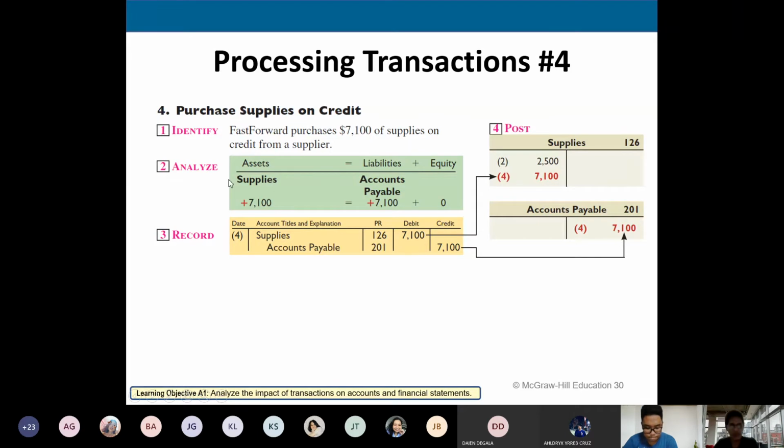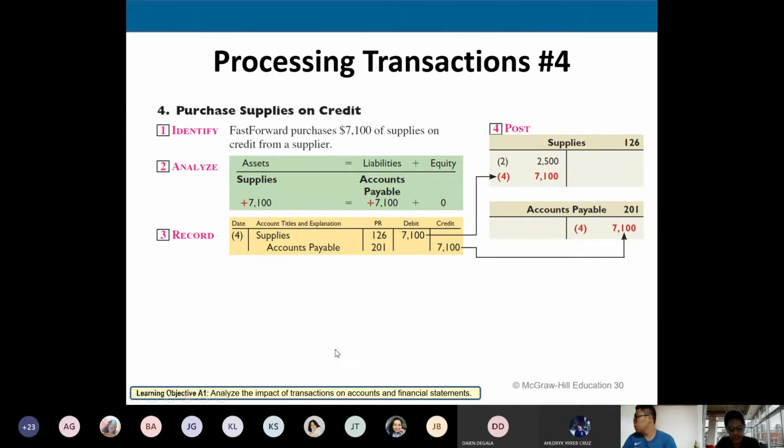So, let's scrutinize this transaction, no? Bakit ganito ang entry niya? Supplies is an asset, tama ba? Nag-increase ang supplies mo, bumili ka, nag-acquire ka ng supplies, 7,100. Although on account siya, on credit, utang, no?